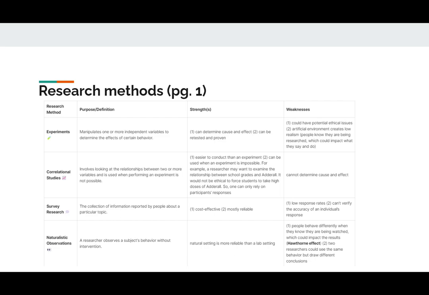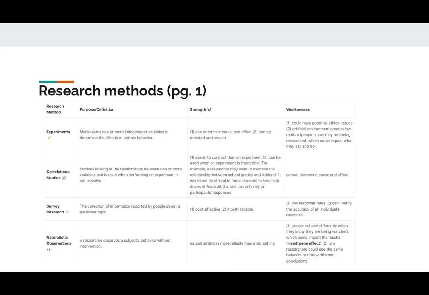And our next research method that will be introduced is correlational studies. It involves looking at the relationships between two or more variables and is used when performing an experiment is not possible. So first, it's really easy to conduct because you just look at the relationship. And second, it can be used when an experiment is impossible.